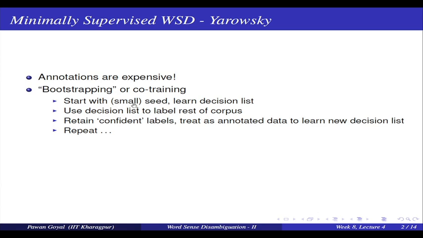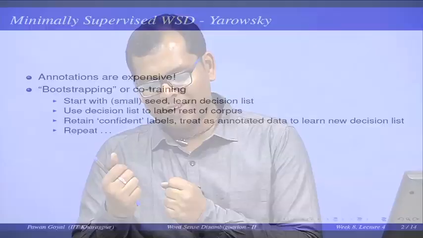What is the idea? I start with some small seed set, and I learn my decision list classifier from the small seed set. I use my decision list to label the rest of the corpus. Again from there find out what are the labels that are confident, modify your decision list algorithm, again run it on the corpus, find out more labels, and so on.